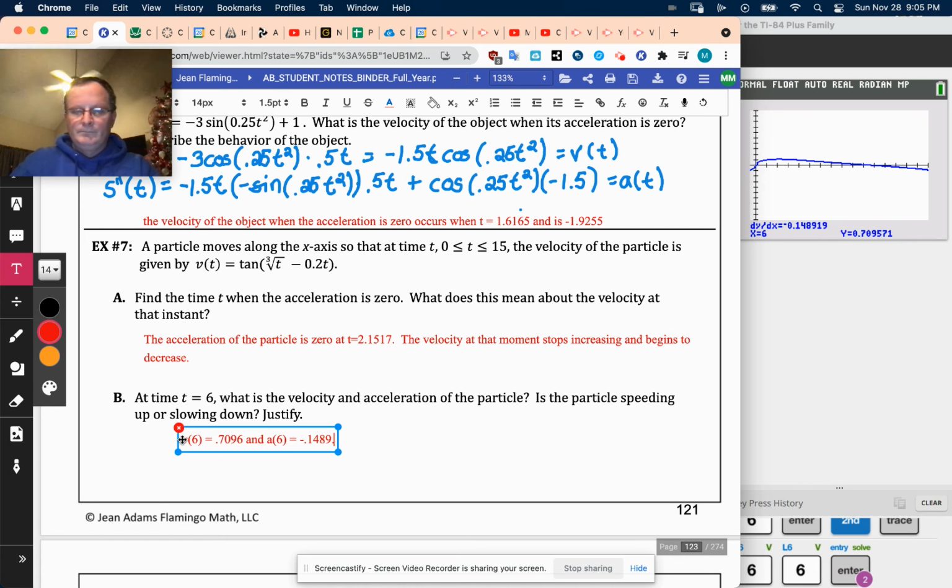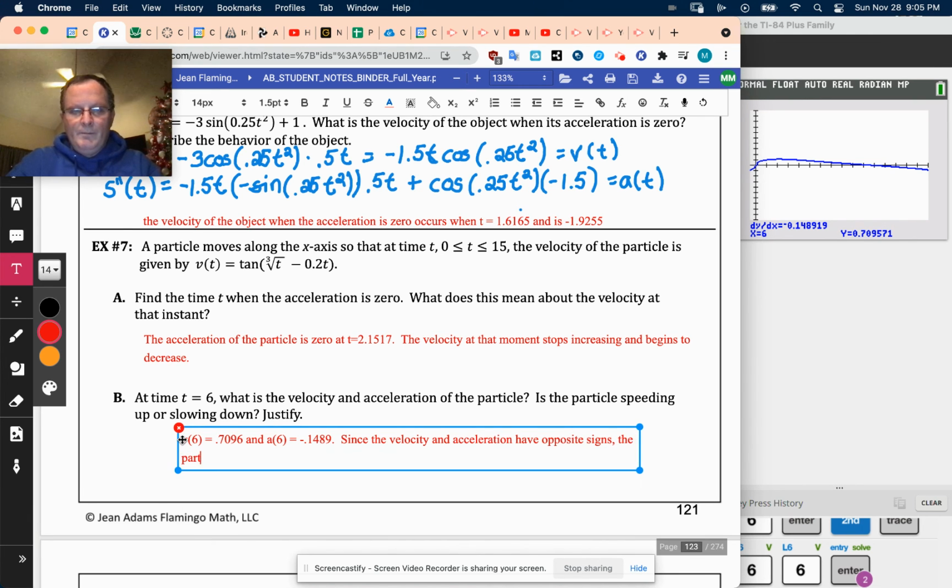Okay. Since the velocity and acceleration have opposite signs, the particle is slowing down at t equals 6. There you go.